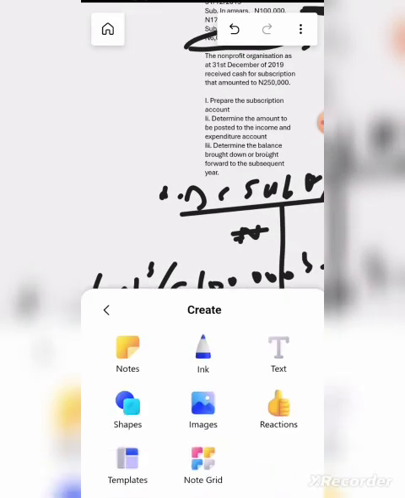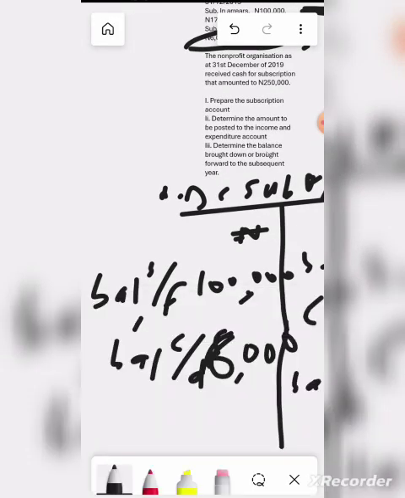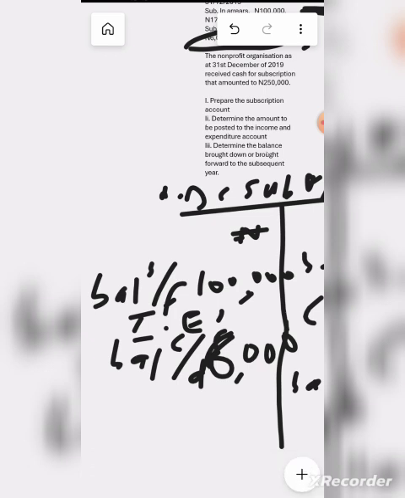So I'm going to post that here. Can you bear with me? Income and expenditure. Okay, so we have 326,500. Let me shift that a bit.